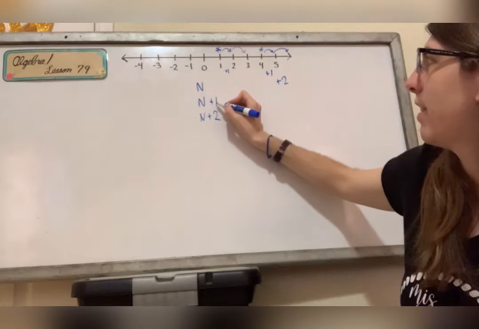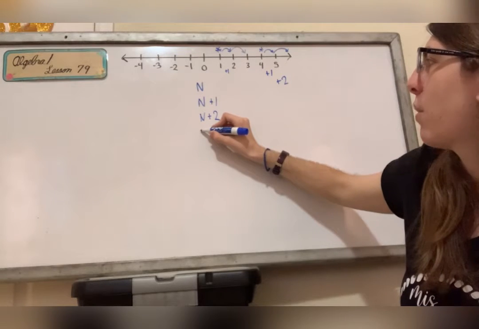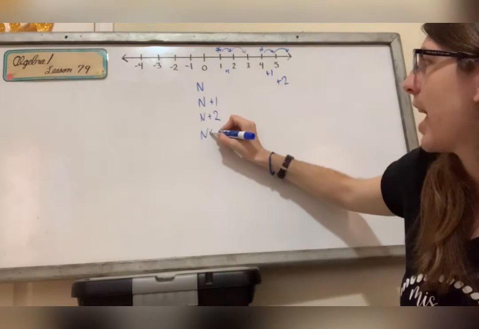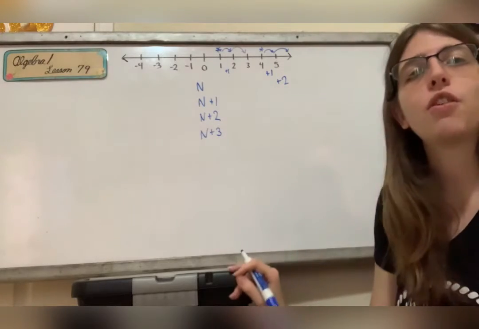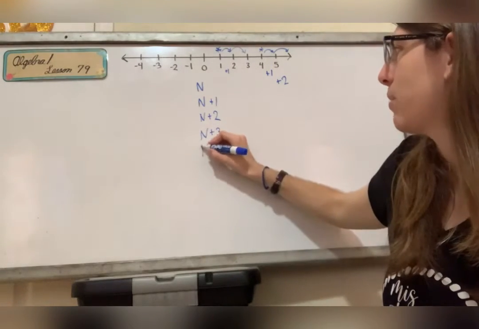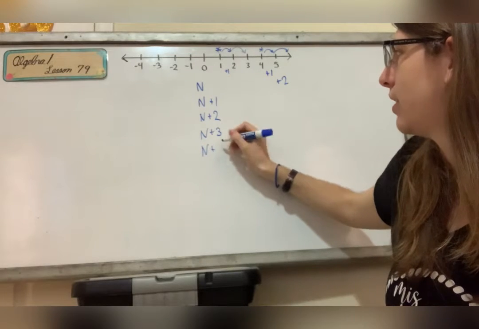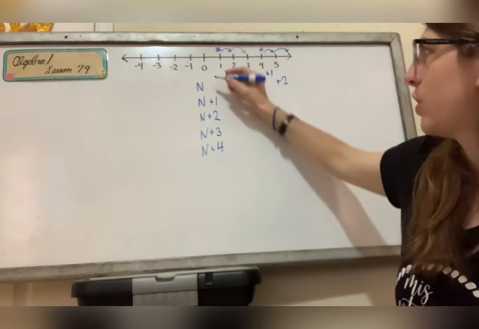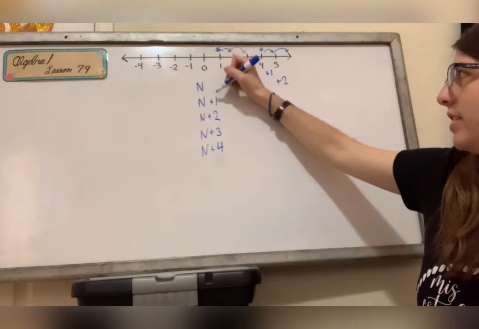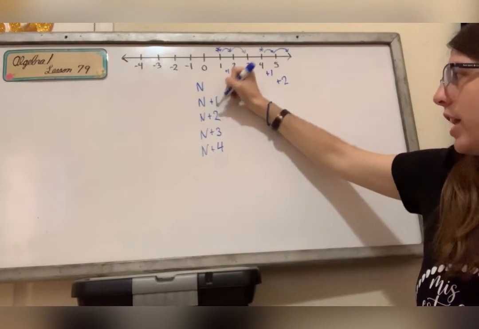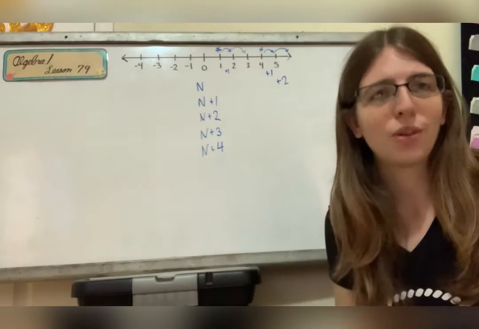So it's n plus 1, n plus 2. If I want to know 4 consecutive integers, it would be n plus 3. If I wanted to know 5 consecutive integers, it would be n plus 4. So your first integer is always n. The second, n plus 1. Third, n plus 2, so on and so forth.